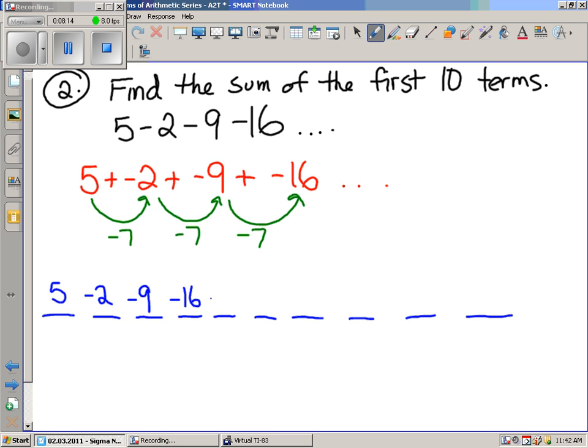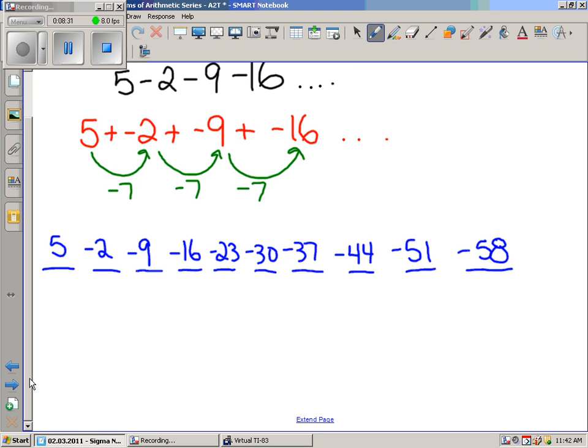What's after -16? -23, -30, negative what? -37, -44, -51, -58. And then you could literally plug this into your calculator, but once again, that would be annoying, and you could mess up with the negatives.